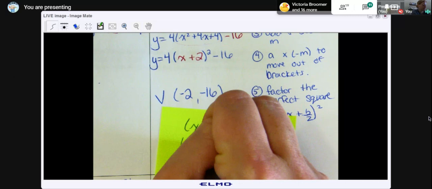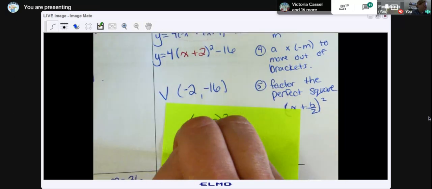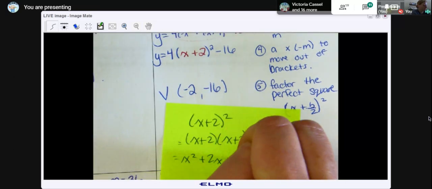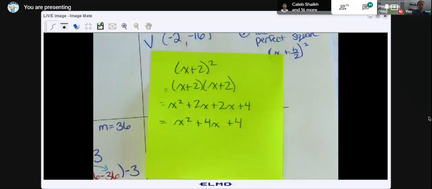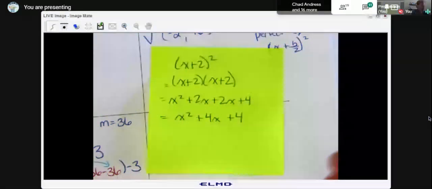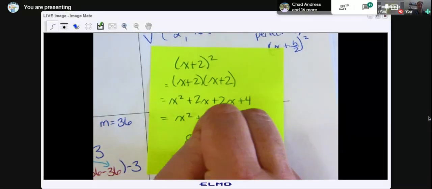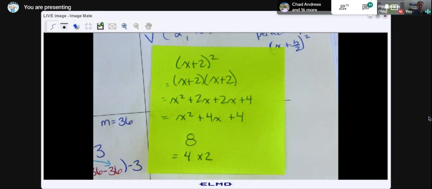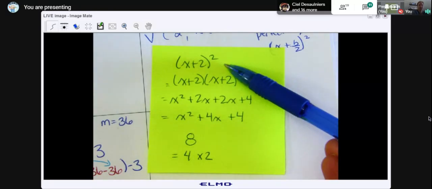And if I use FOIL, then that gives me x squared plus 2x plus 2x plus 4, or x squared plus 4x plus 4. So it's the same expression, we've just factored it. It's like saying I could write the number 8 as 4 times 2. Okay, it's still there, it's just represented differently for our vertex form.